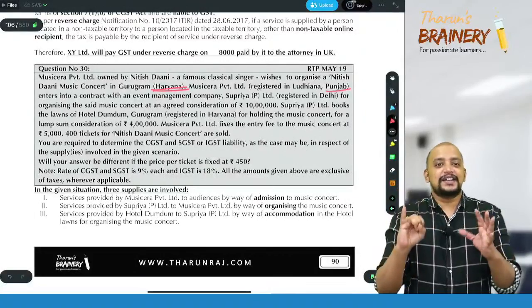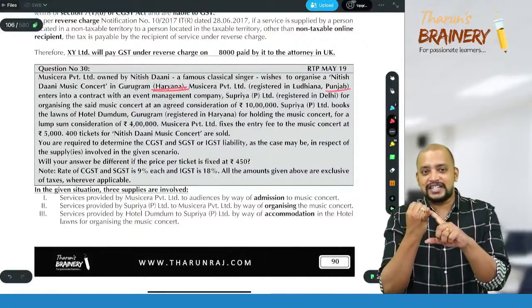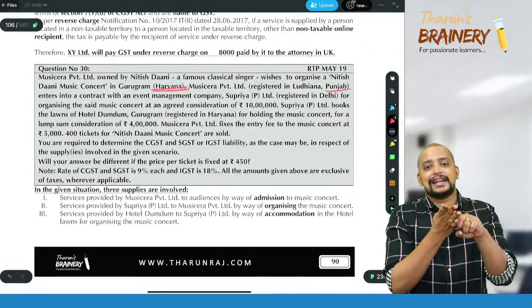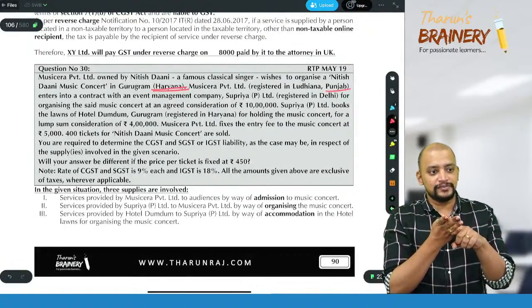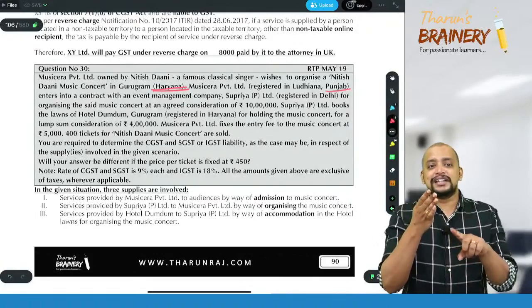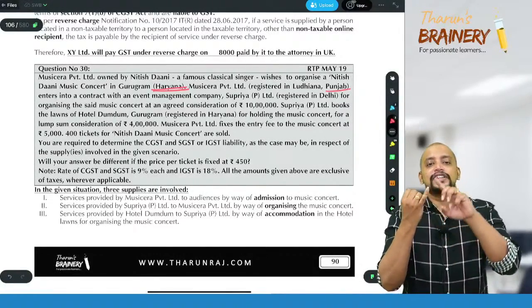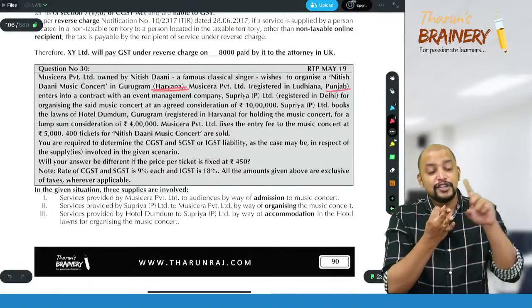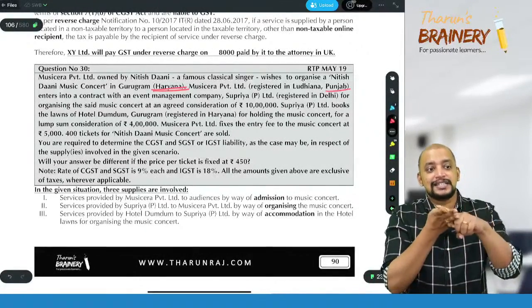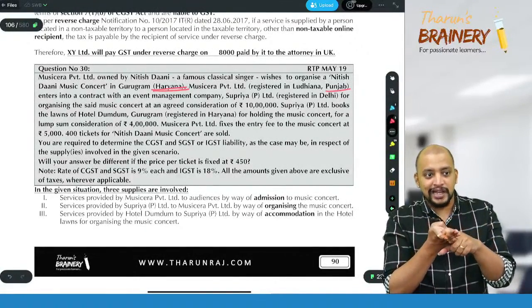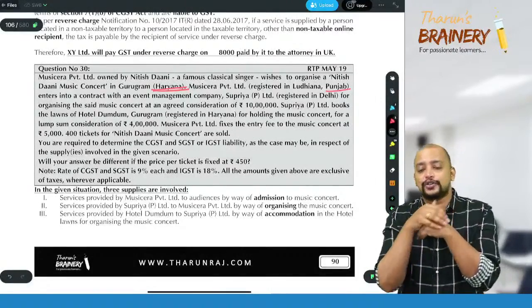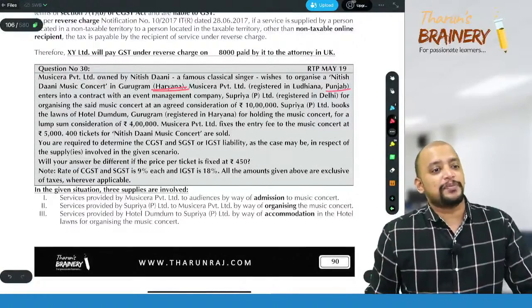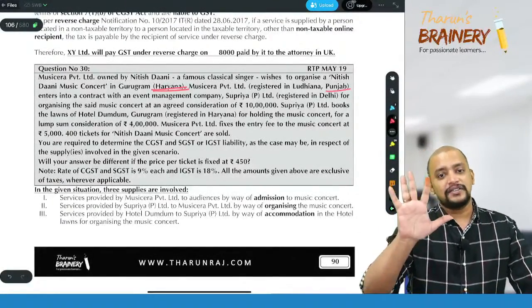Concert, musical performance, dance, theatrical performance, then events. What are the events? Award show, pageant, sporting event, circus. Okay. Then one more, planetarium. So that will be exempted if the ticket price does not exceed 500.